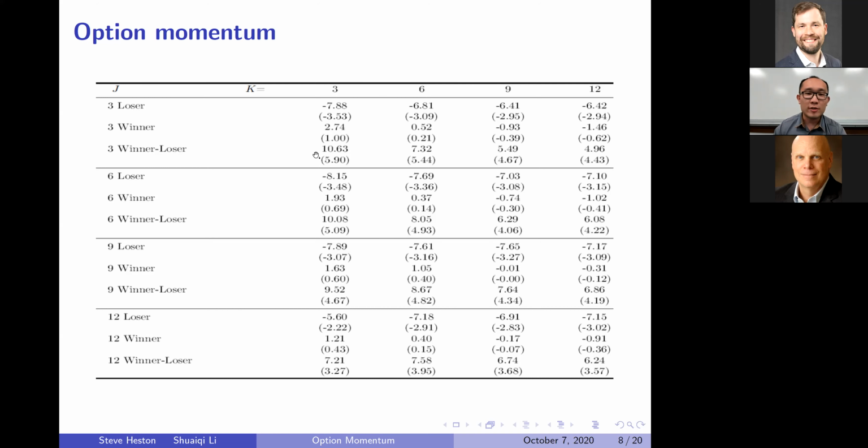Okay, on average, this strategy delivers a 10% monthly return, and as the holding time extends, the return of this strategy starts to decrease. The same is true if we extend the sorting period. Overall, the evidence suggests that momentum exists in the option market.